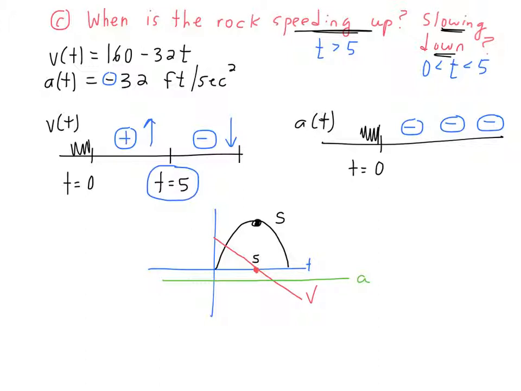You can see on my s graph we have a maximum height there, and on my velocity graph it's where it's equal to 0. Also notice that on my a graph, this is the negative 32. It's a horizontal line, so it would have a 0 slope. That helps you put those pieces together and hopefully get a feel for what those three graphs would look like.